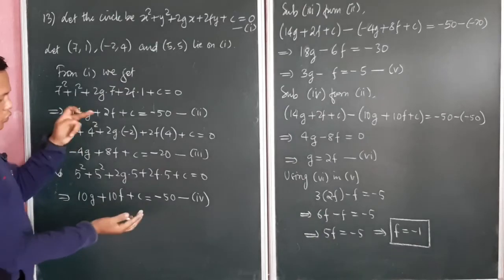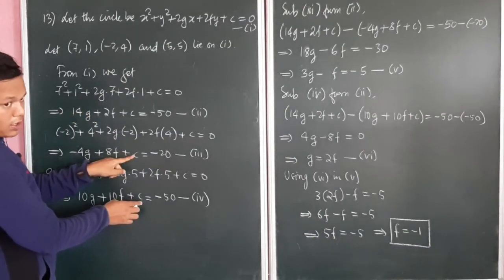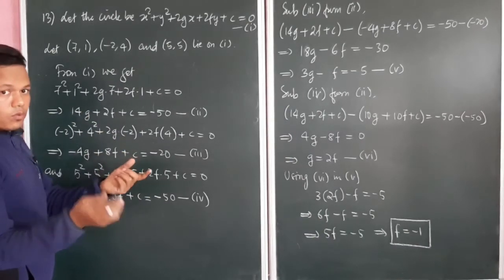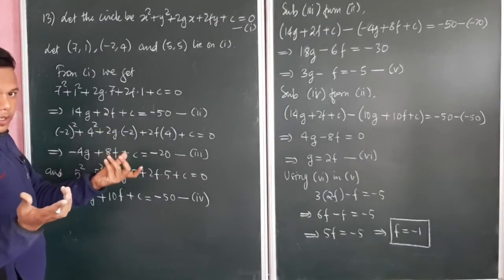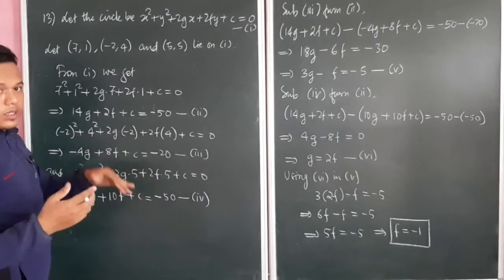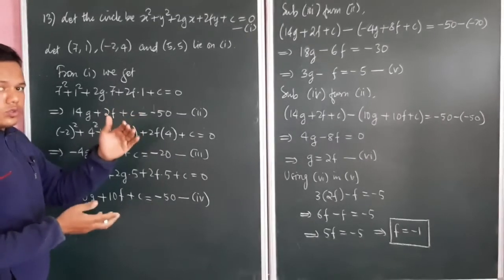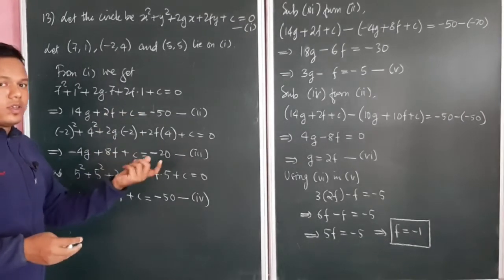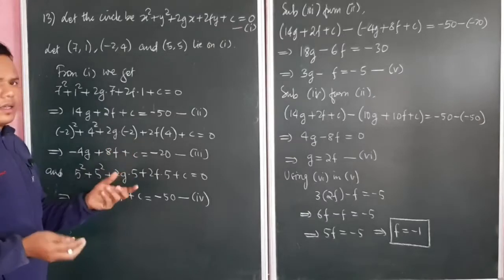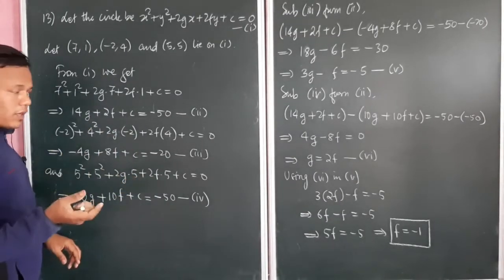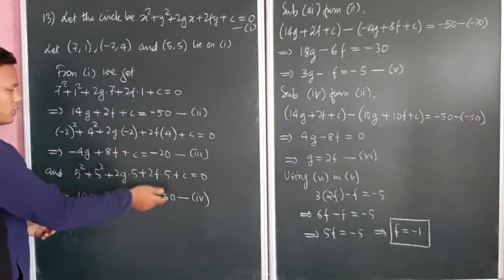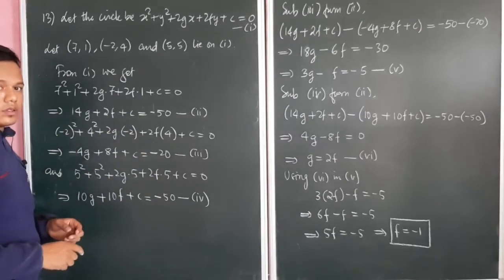Similarly, you can use the other two, eliminate c, and have one more equation containing g and f. Solve those two, and you will arrive at the values of g and f. After that, you can substitute g and f in any of these three to find the value of c.